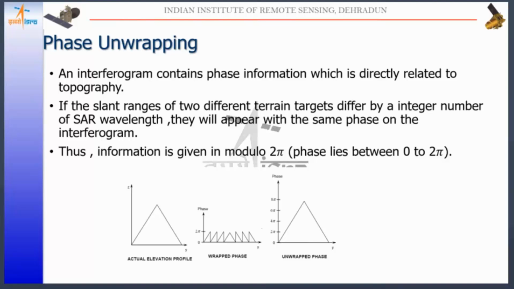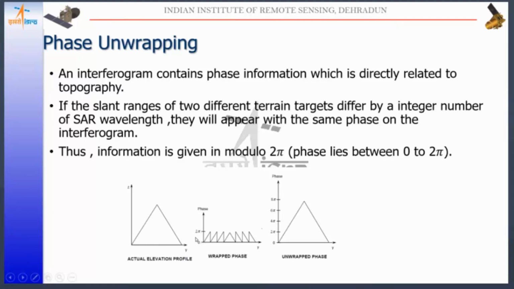Means if the slant range difference of two targets is an integer multiple of the wavelength, then they have the same phase. Every value in the interferogram is modulo 2 pi, means the phase lies between 0 and 2 pi. So if this is the actual terrain profile, due to the property of aliasing, the phase is wrapped between 0 and 2 pi.